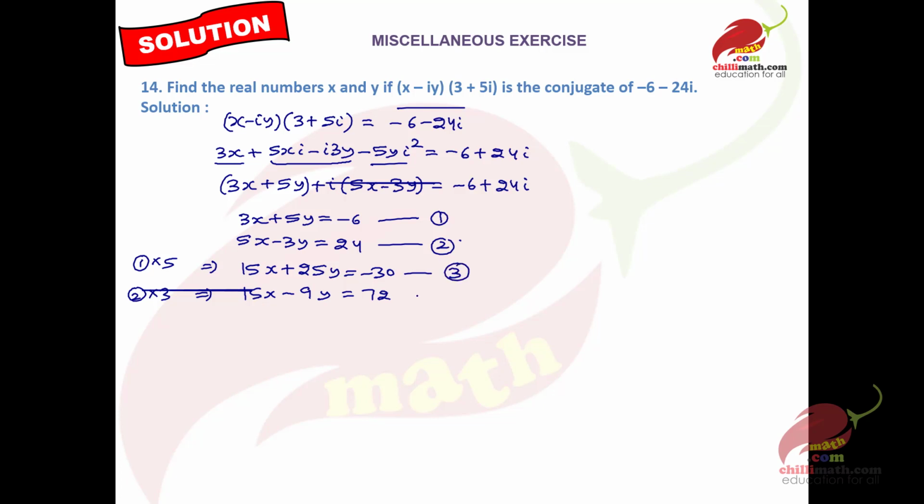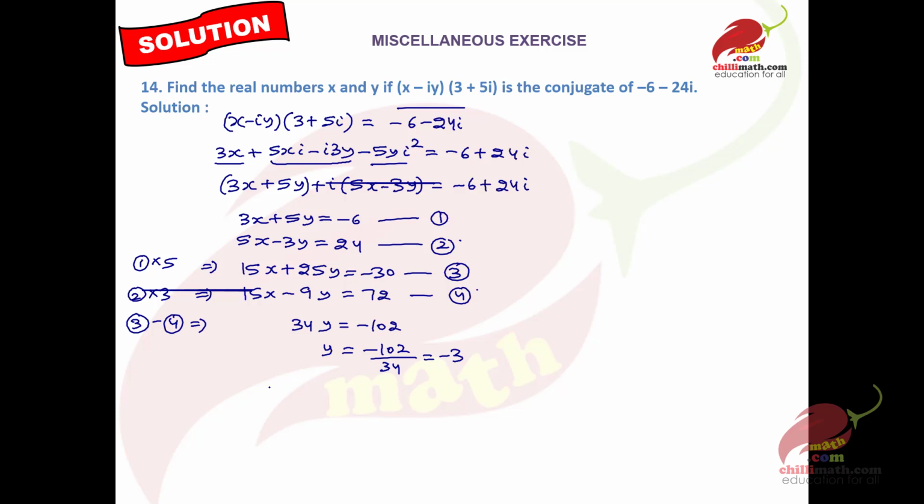Mark these equation numbers 3 and 4. Now operating 3 minus 4, the x terms cancel. 25 minus of minus 9, that is 34y, equals −30 − 72 = −102. So y = −102/34, that is equal to −3.